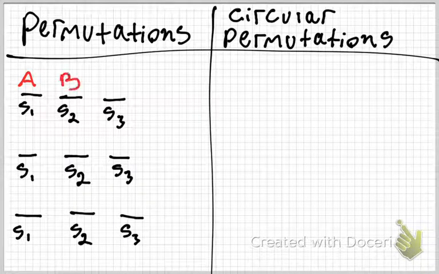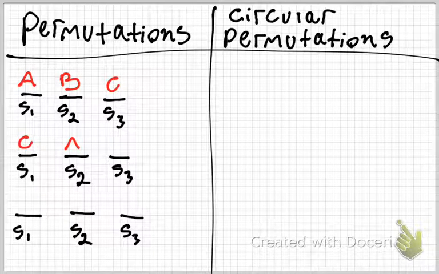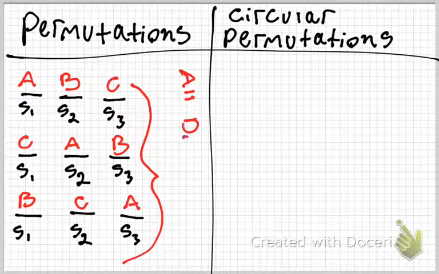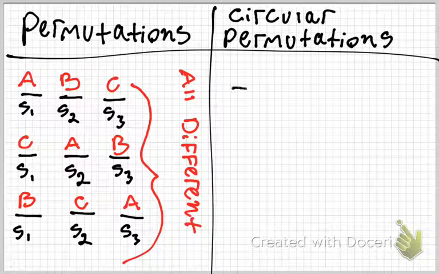Now, with regular permutations, these three permutations are all different. These are not considered the same permutation, as you know by now. But look at the first one, the one we're focusing on right here.